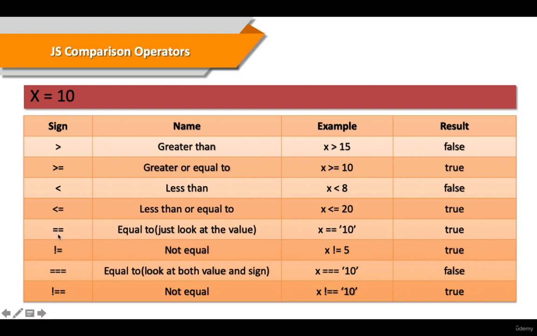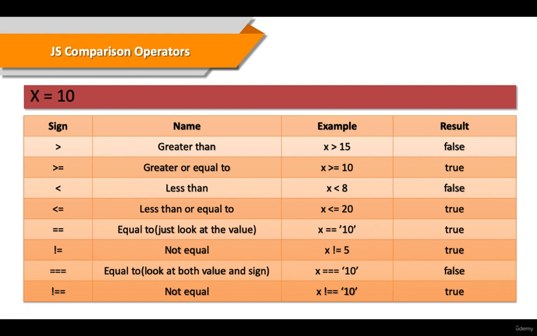So there's one with 2 equal signs and one with 3 equal signs. Likewise, there are a couple of different ways to check for non-equality. So one with the equal sign and an exclamation point, and another one with an exclamation point and 2 equal signs. So I want you to notice that they're both together in pairs. Yeah?